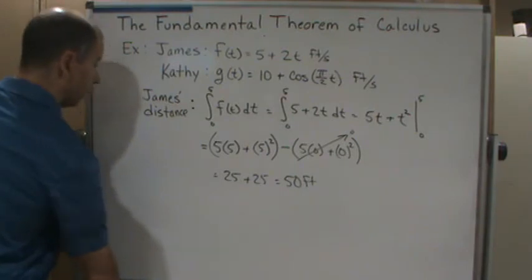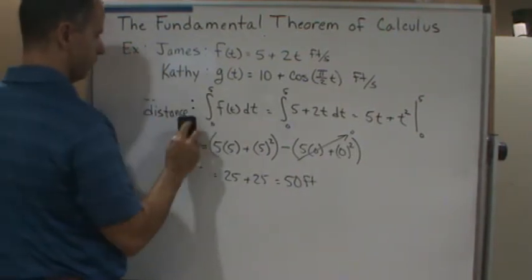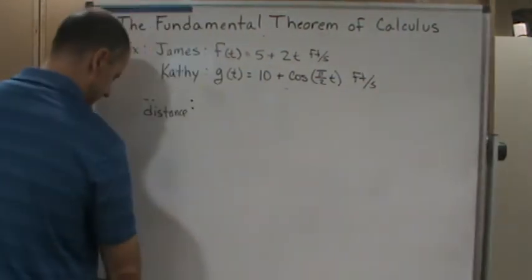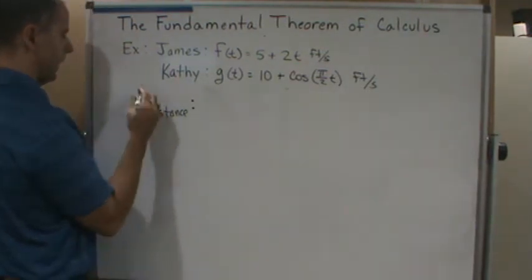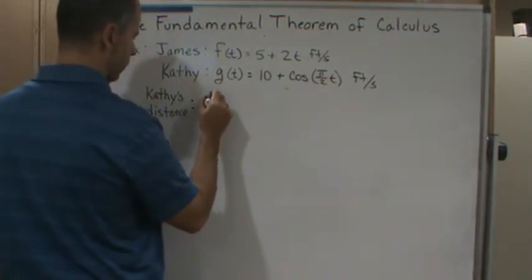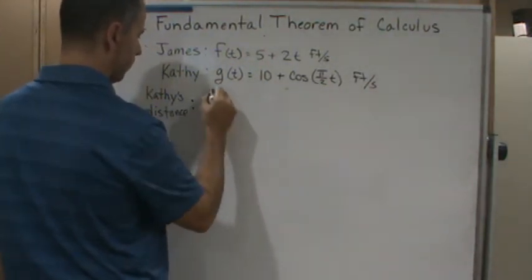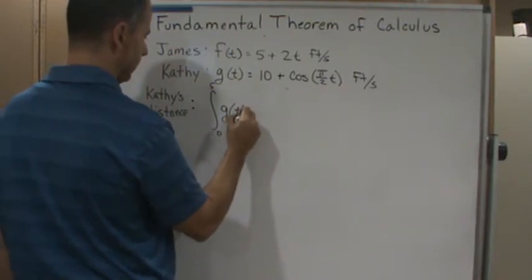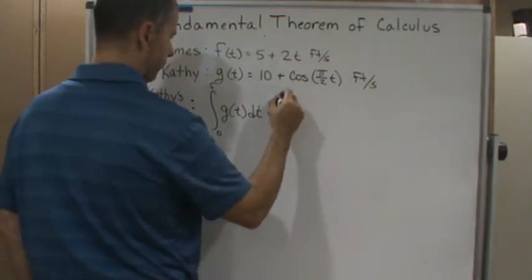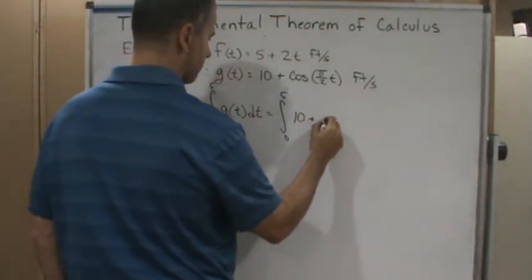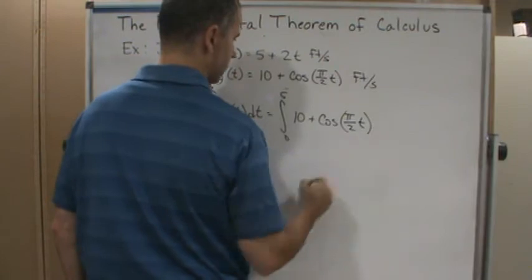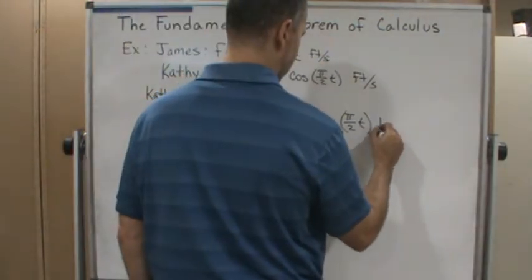Okay, now, let's do Kathy's distance. So James went 50 feet. Let's see how far Kathy went. So we're going to do the integral from 0 to 5 of g of t dt, which is going to be the integral from 0 to 5 of 10 plus cosine of pi over 2 times t dt.